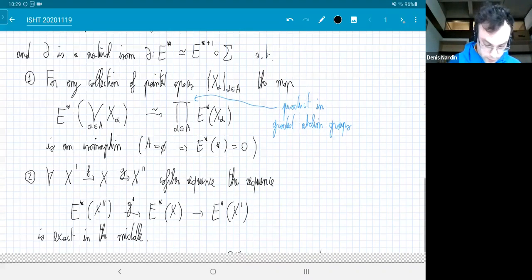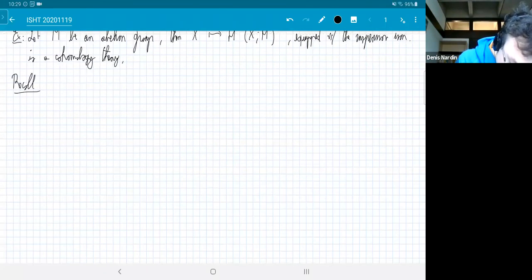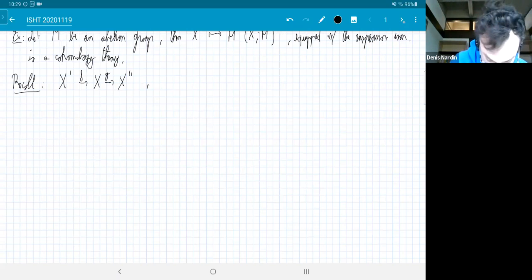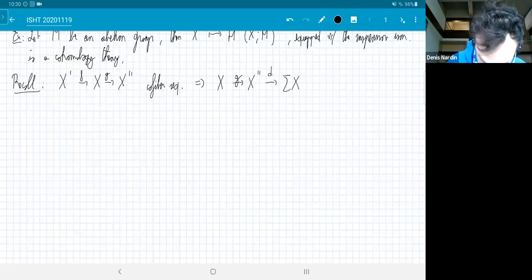So first, recall from last semester, you have a cofiber sequence. Then there is a canonically chosen cofiber sequence here.